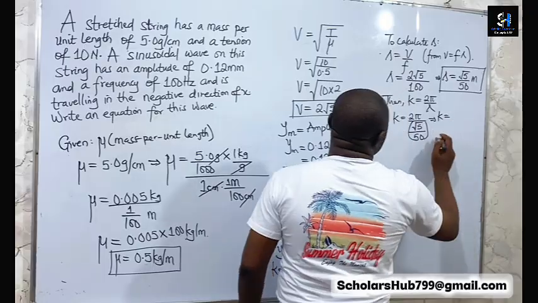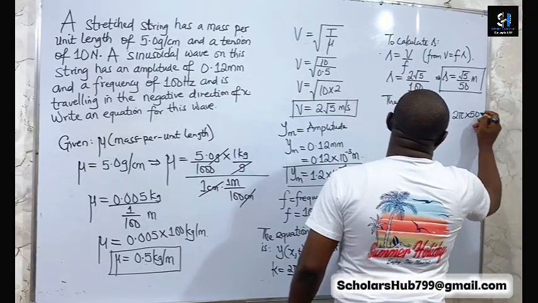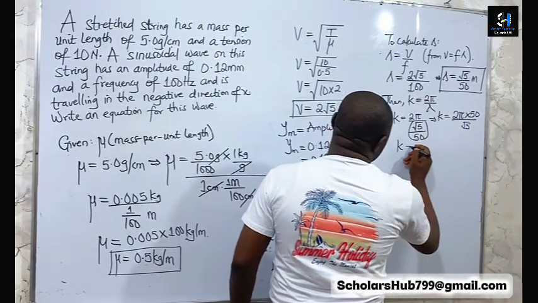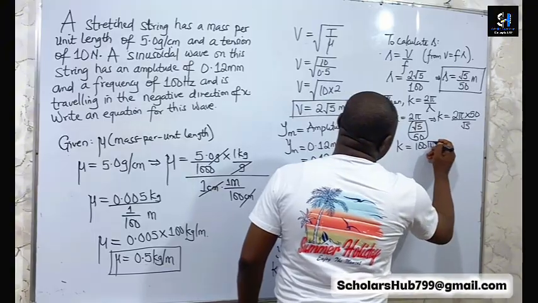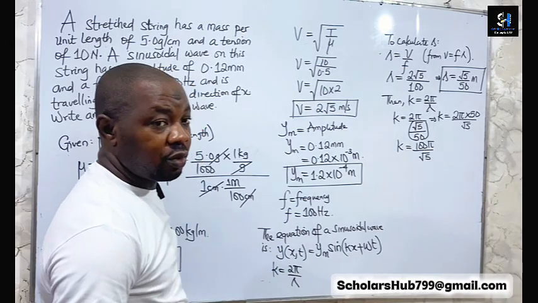This will be k equals 2 pi multiplied by 50 over root 5, then k will be equal to 100 pi over root 5.